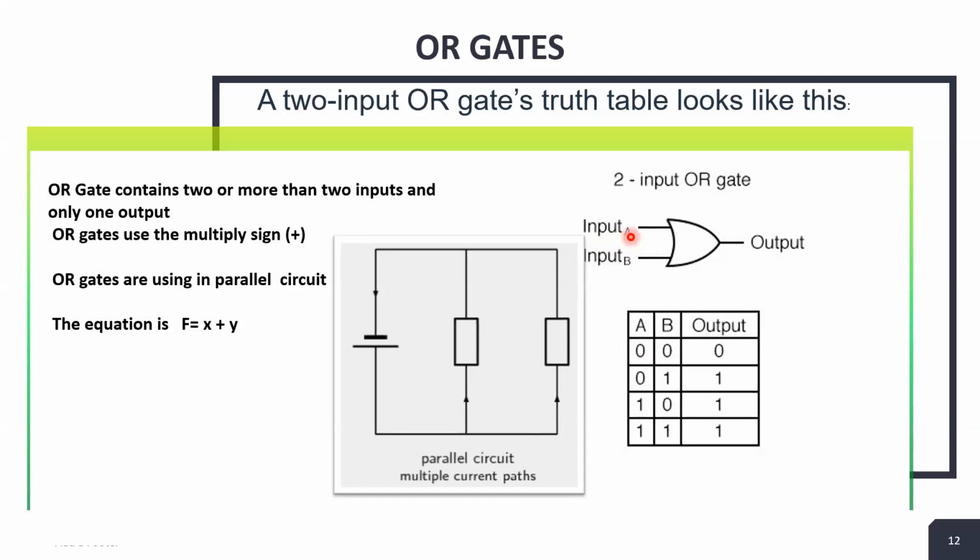It means that when the switch is on, the value is 1. When the switch is off, the value is 0.